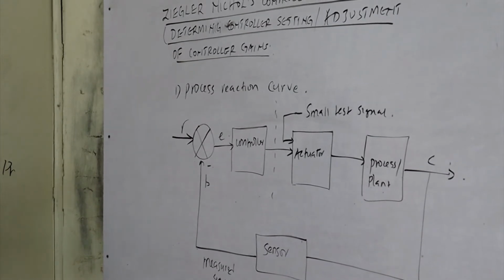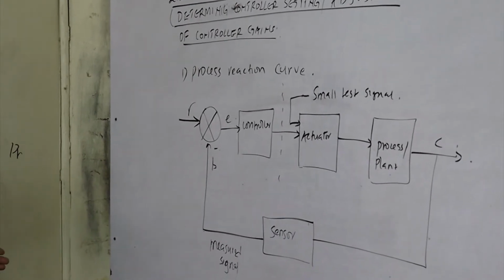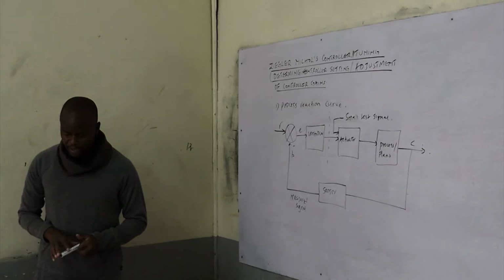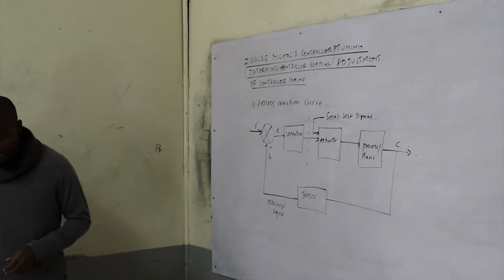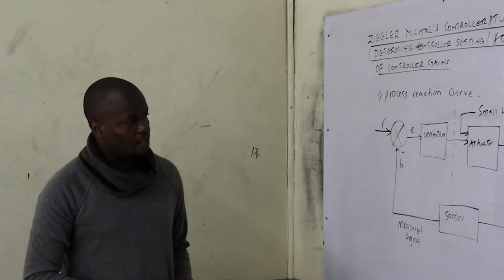Then a small test signal is induced in the actuator, or the final control element, and the resulting measured signal is plotted on a graph over a given time. This can be illustrated as shown in this diagram.